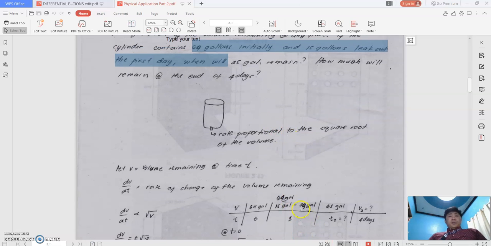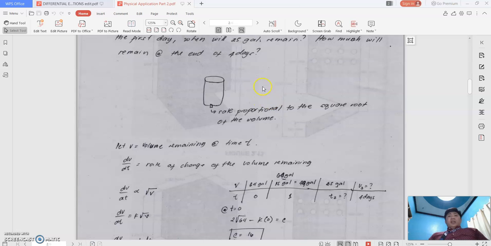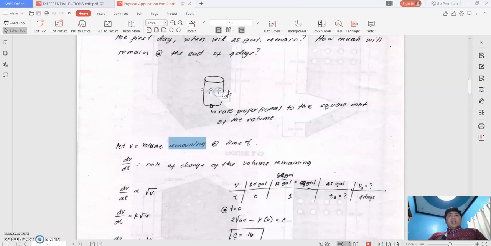Now, sir, why does it become 49 gallons here? It says here 15 gallons leak out. Again, the water that leaked out is not the volume, the initial volume that we are talking about. That's why I put what will remain. So how much was initially in the container? 64. Subtract 15, and how much is left in our container?